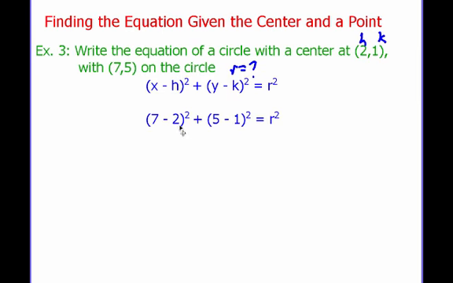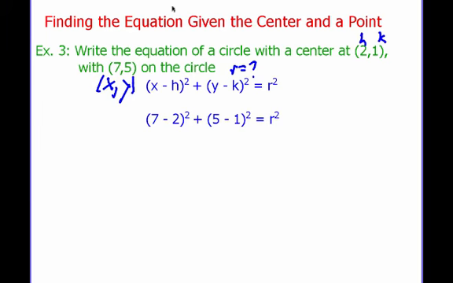We know our 2 and our 1 are h and our k. 7, 5 is on the circle, so I can say 7, 5. 7 can be what we use as our x value. 5 can be what we use as our y value. So those go into x and y.